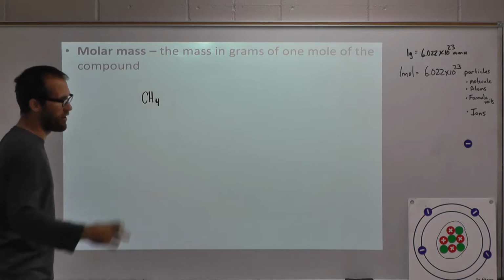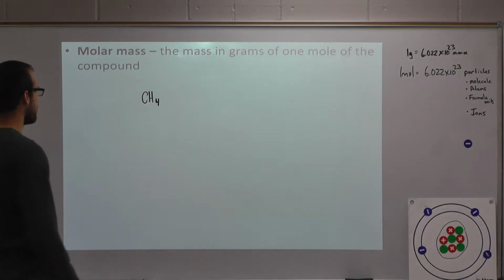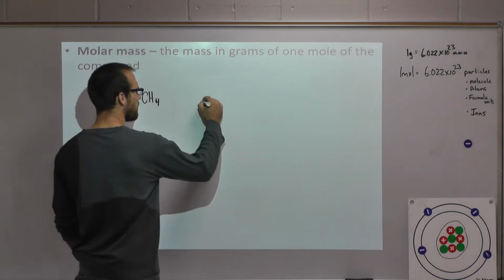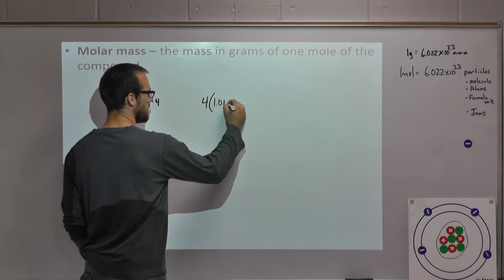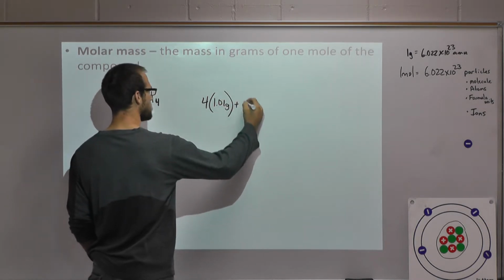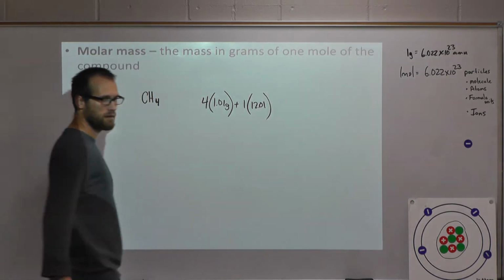You might remember how you figure out the molar mass when you've got more than one kind of atom. 4 times hydrogen, which is 1.01, plus 1 times 12.01. Yes?